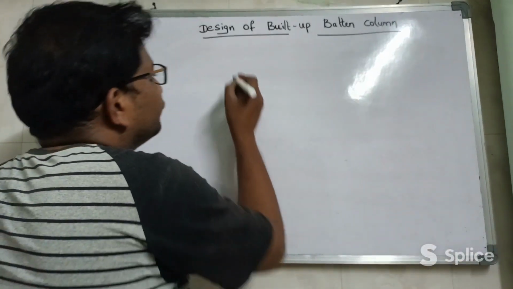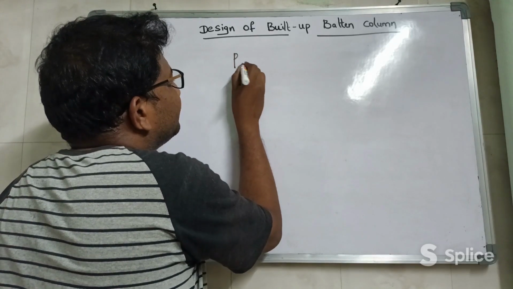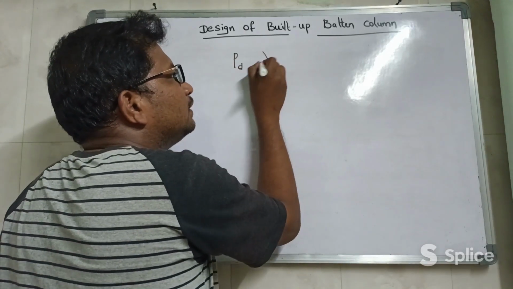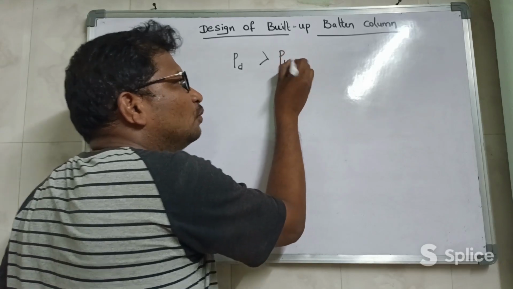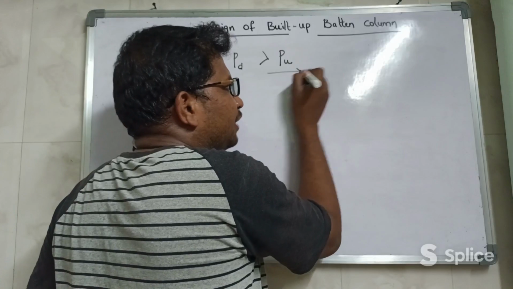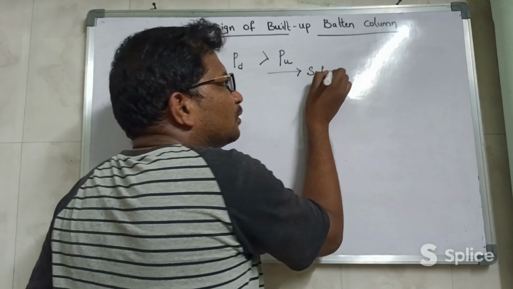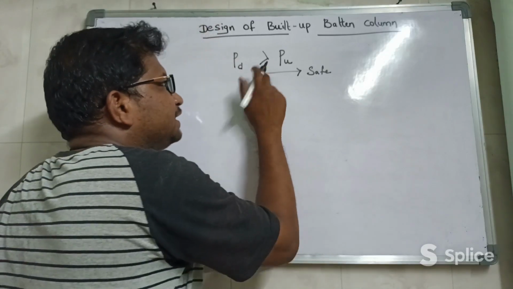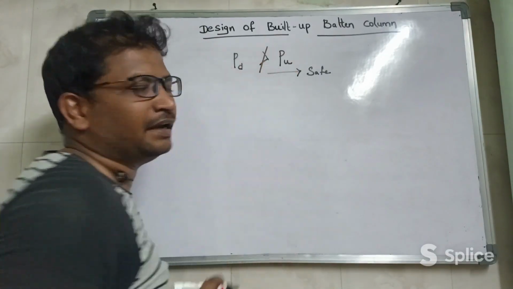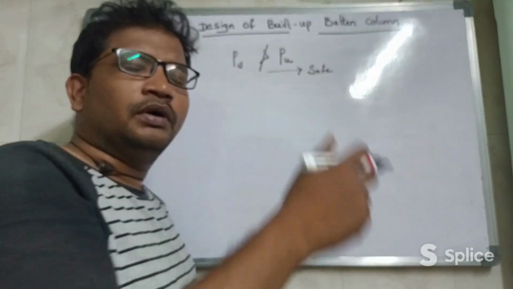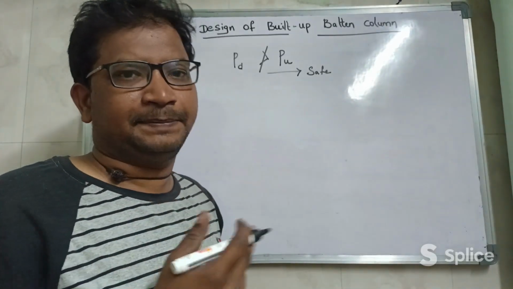If PD is greater than PU, then it is safe and you can move to the next step. If it is not greater, then you need to repeat the previous steps.